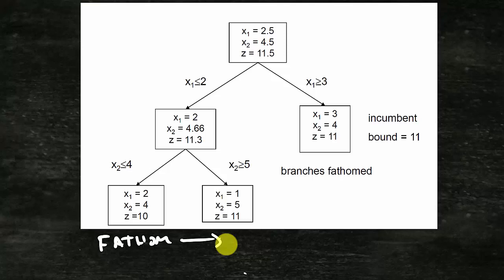So what we've observed is that we have one incumbent, and then we have another incumbent. In fact, we now have two incumbents with exactly the same objective, equal to 11. So we have a choice. We can either have x1 equals 3 and x2 equals 4, or x1 equals 1 and x2 equals 5. They both give me the same objective, and that solves the problem to this point. This is the general method of branch and bound.